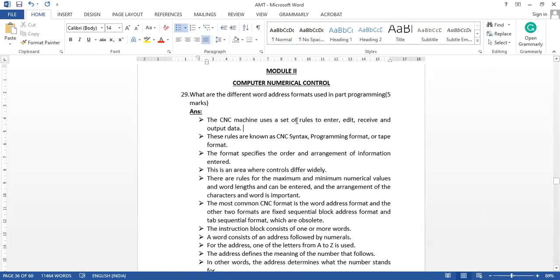The CNC machine uses a set of rules to enter, edit, receive, and output data.